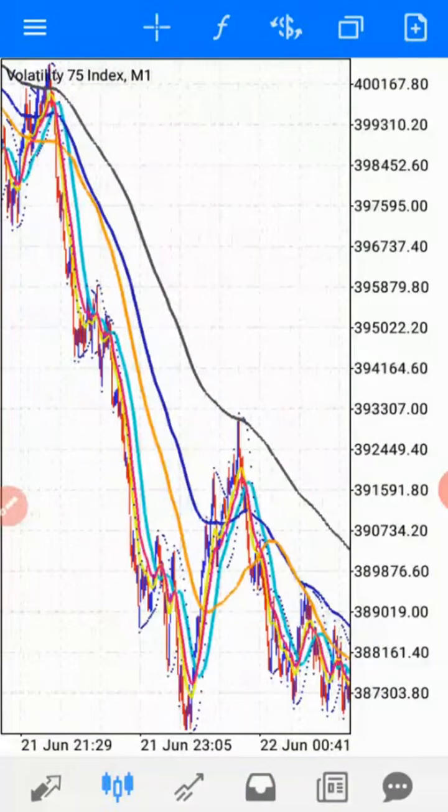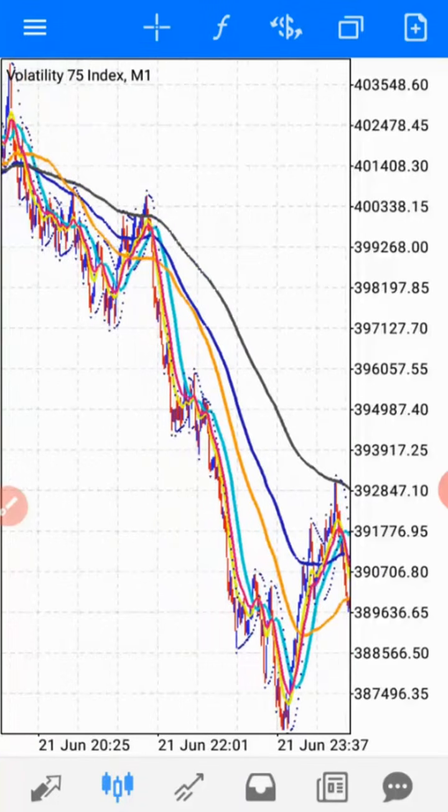See here, they came to retest. Like here now, you can just enter there. You open your chart and you see this kind of position, and you'll be like, let me take a buy.